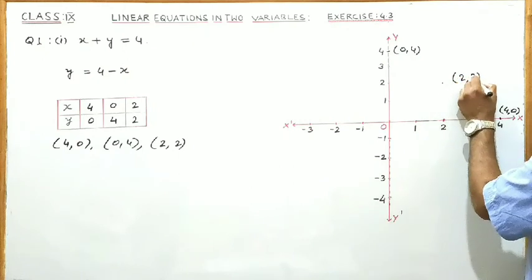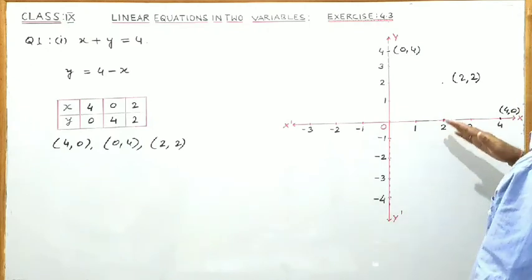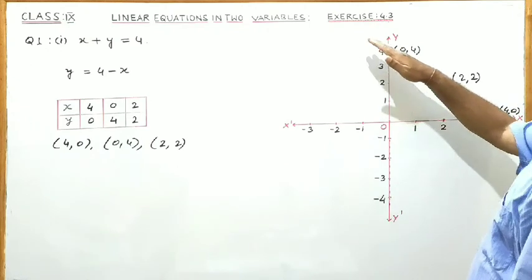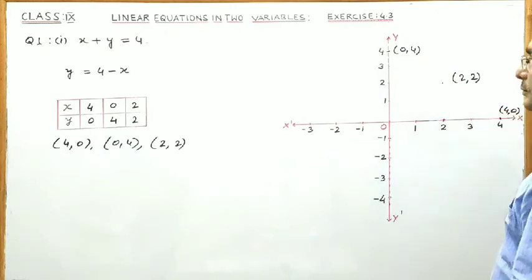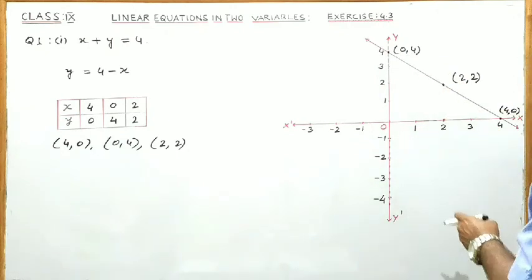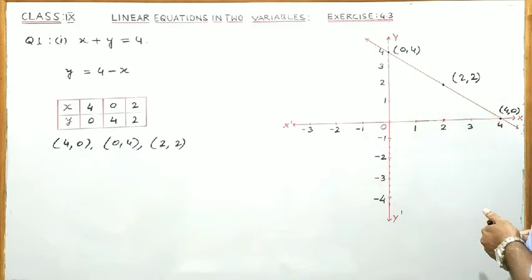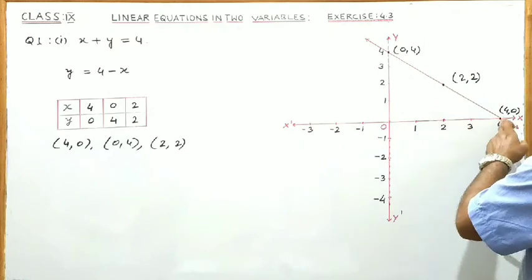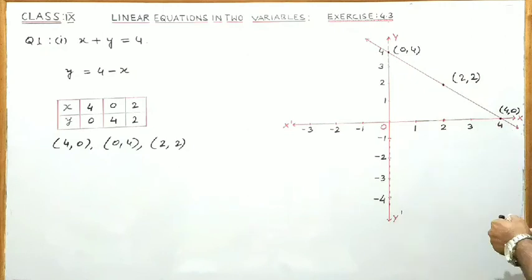2, 2. Now using your ruler, draw a straight line joining 3 points like this, and we have got a straight line passing through 3 points: 4, 0, 0, 4 and 2, 2.